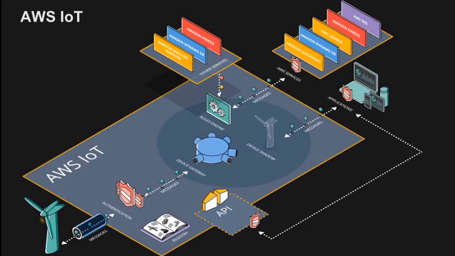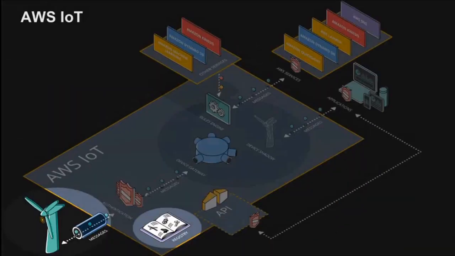We'll start with an overview of the AWS IoT service. AWS IoT is a managed platform that allows you to connect millions of devices and send billions of messages. The AWS IoT service is made up of several sub-services. If we start on the far left, we have the AWS SDKs that allow you to securely connect your devices to AWS IoT.